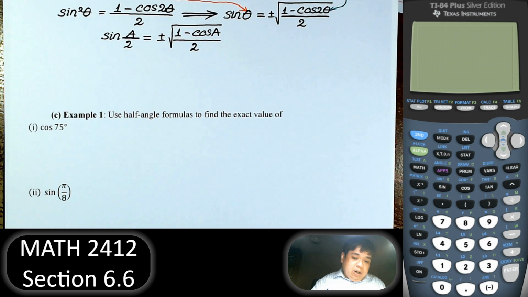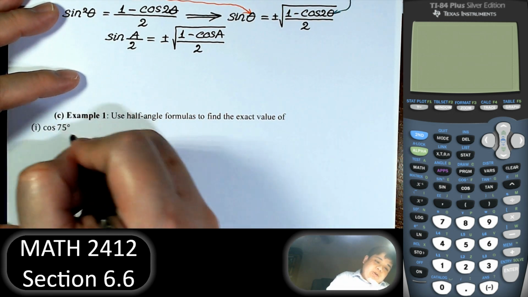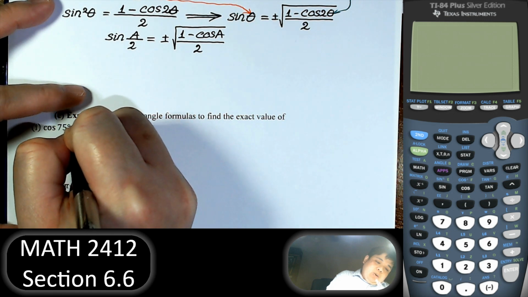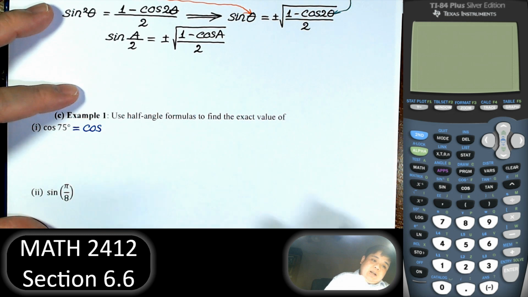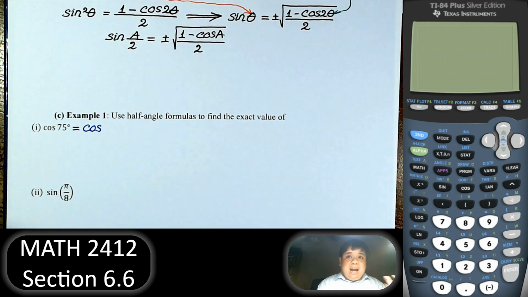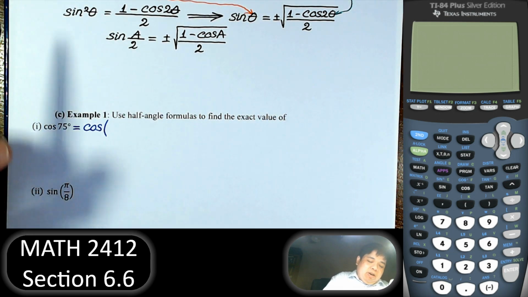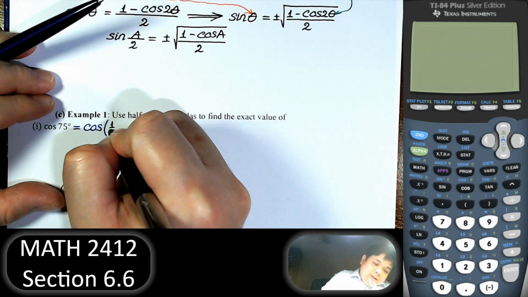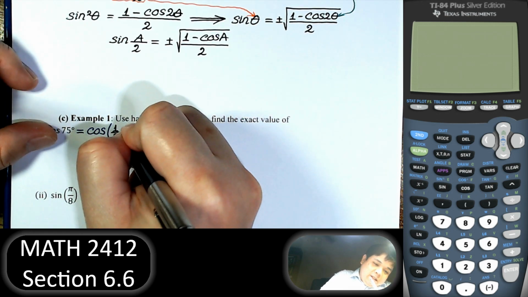Now let's use those half angle formulas. Use the half angle formula to find the exact value of cosine of 75 degrees. Cosine of 75 degrees is, of course, half of... 75 degrees is 1/2 of 150 degrees.